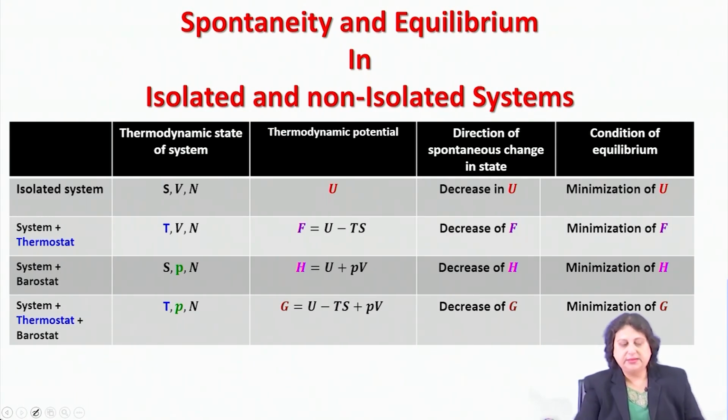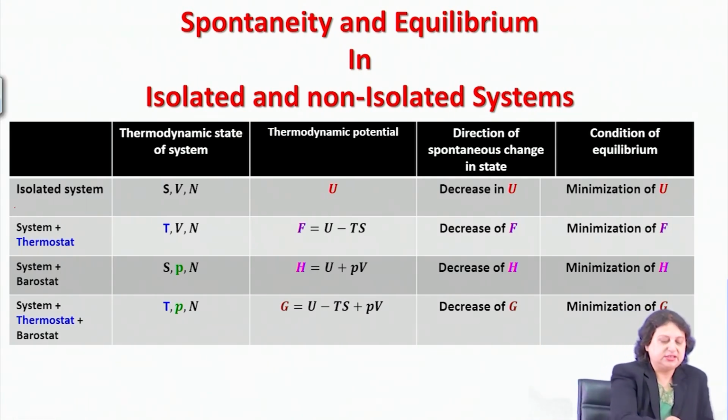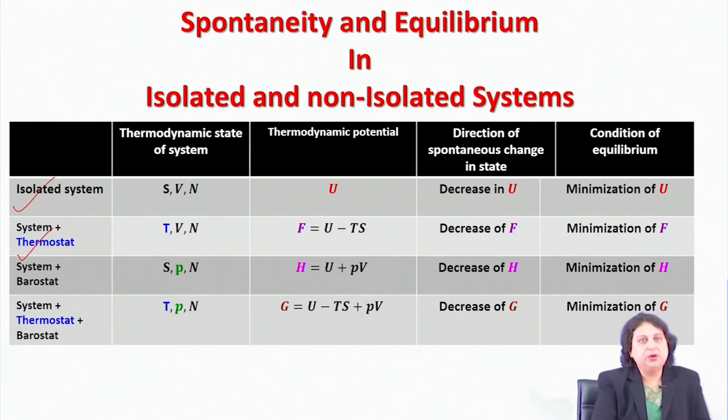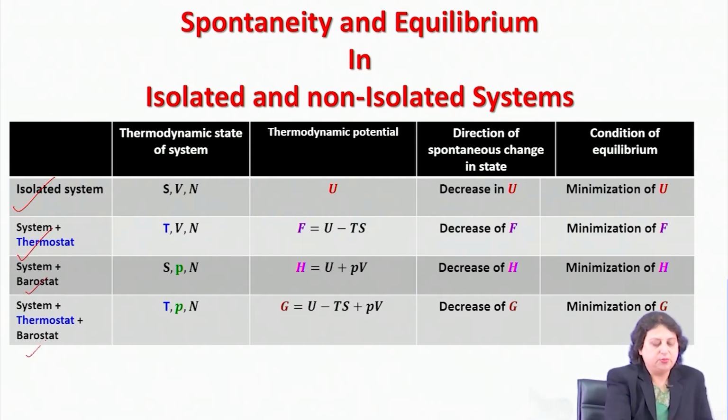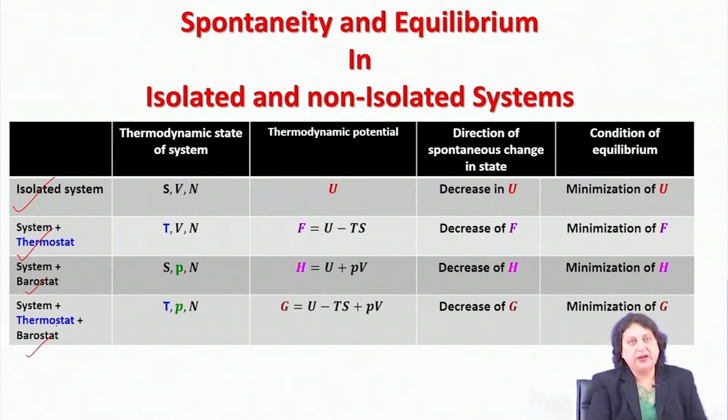And for different experimental situations, whether I have an isolated system or a system in thermal contact with a thermostat or a barostat or both of them, I can define the condition of spontaneous change in state and the condition of equilibrium by saying that in each case, a change in state will occur in the direction where there is a decrease in the corresponding thermodynamic potential.